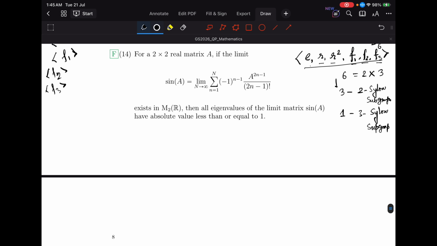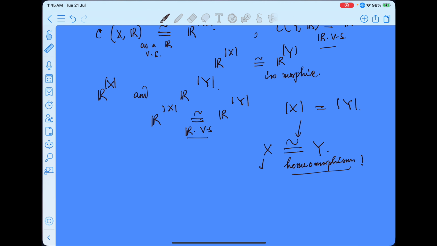So for a 2x2 real matrix A, if the limit exists, we will say the limit is sin A. If this limit exists in M2(R), then all eigenvalues of the limit matrix sin A have absolute value less than or equal to 1.